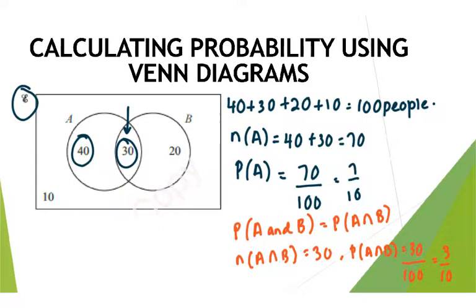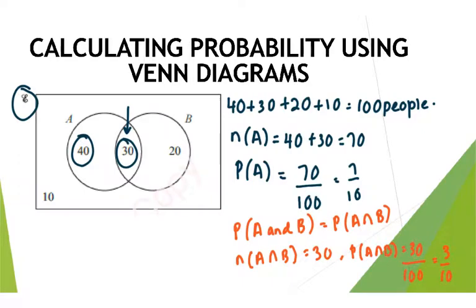Let's look into union. A union B is the elements of both sets with none repeated. The probability of either event A happening or event B happening can be written as P(A or B).